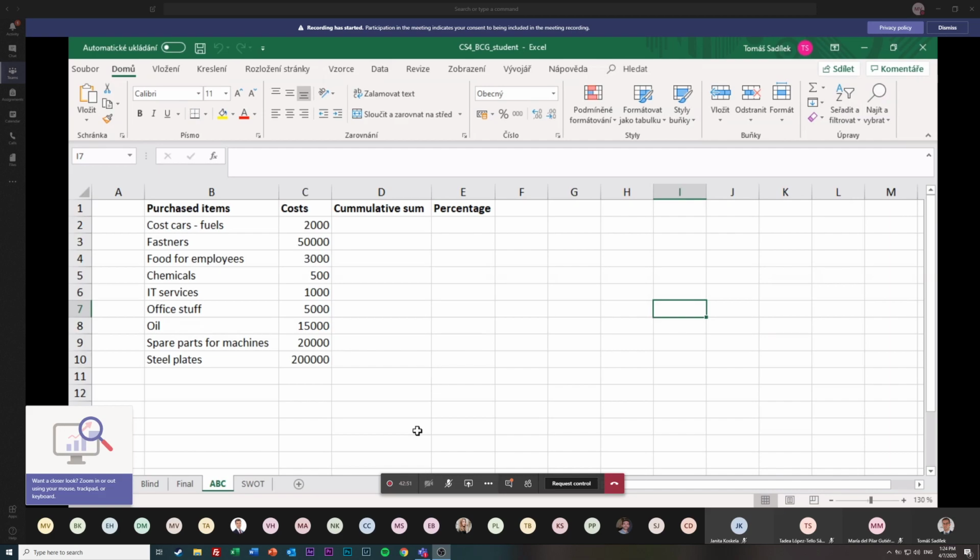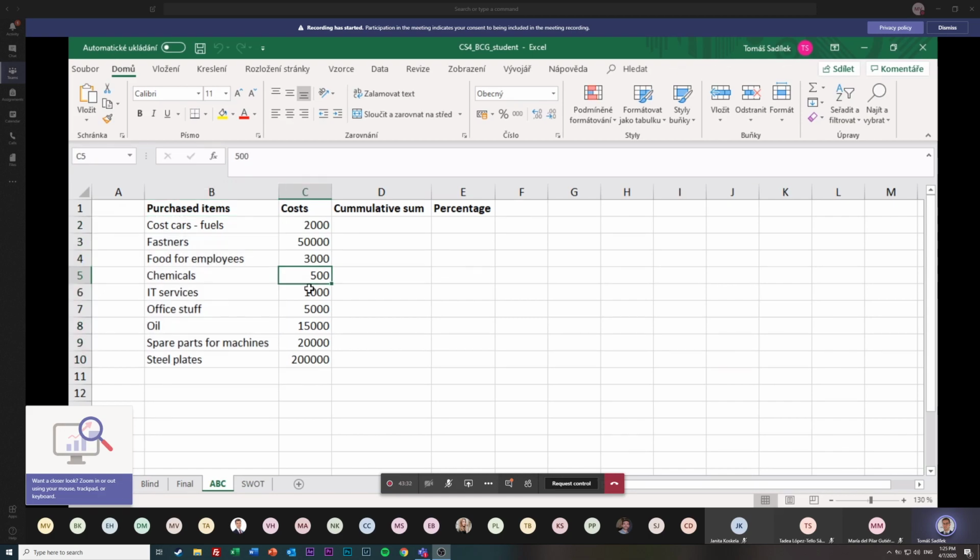So what we consider are purchased items. There are, I think, nine different items purchased in a company, and we can see the cost, for instance for one month.